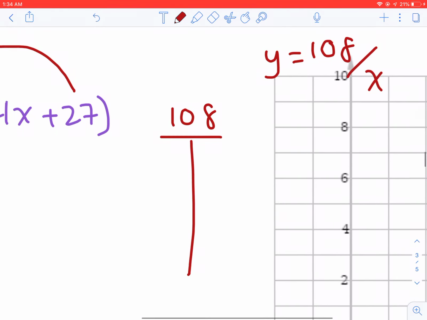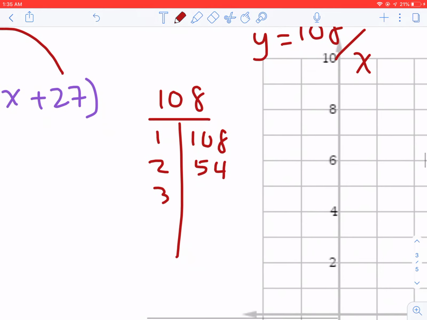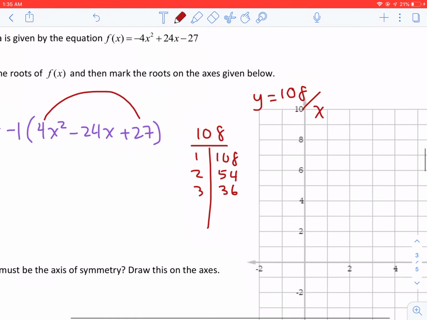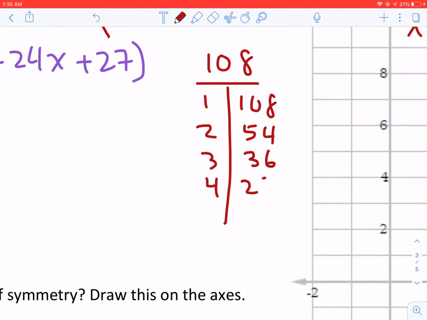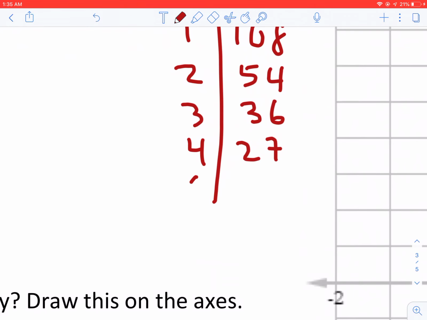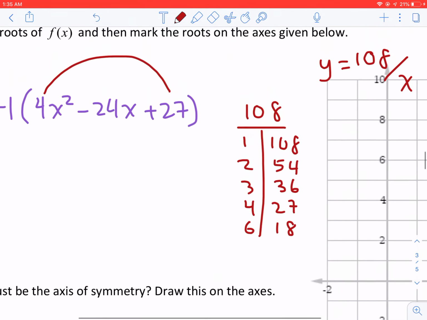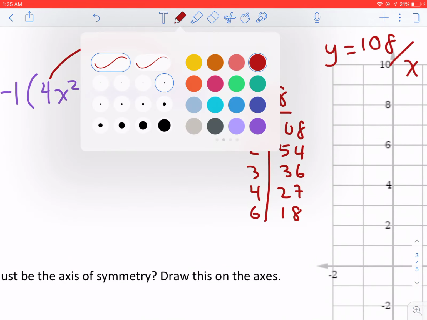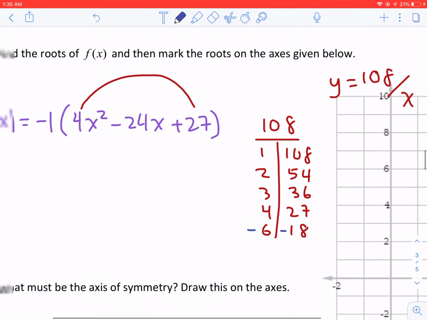Doing that, we will see 1 times 108, 2 times 54, 3 times 36, 108 divided by 4 is 27. Does 6 go in? Yes, 6 and 18. I think that is going to be it, because that can make 24. But we want negative 24, so both of these need to be negative.